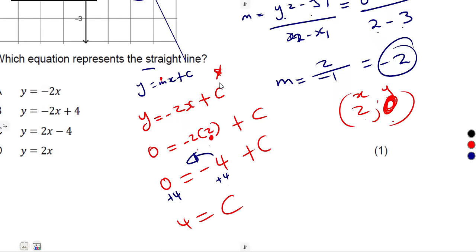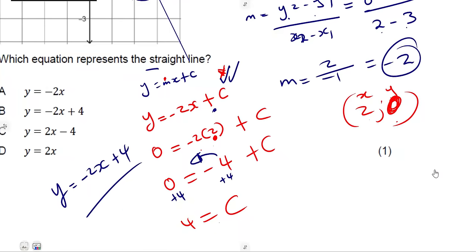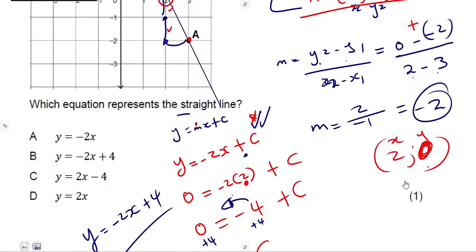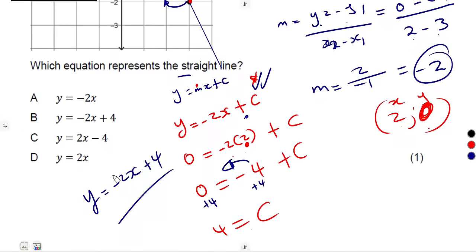We can substitute our c there. So y is equal to minus 2x plus 4. That is it. So the best equation among our answers was going to be B: y is equal to minus 2x plus 4.